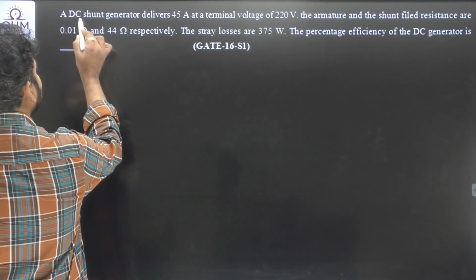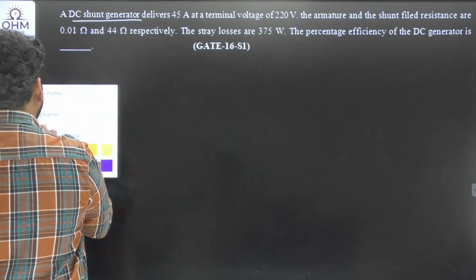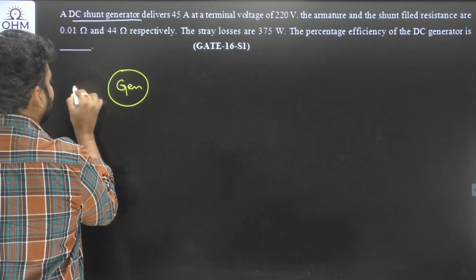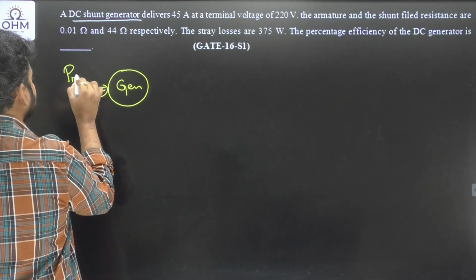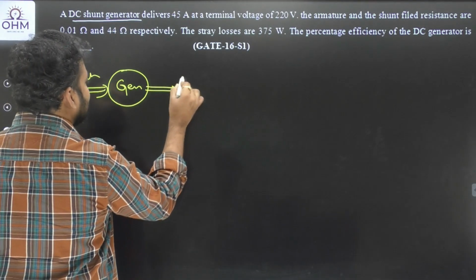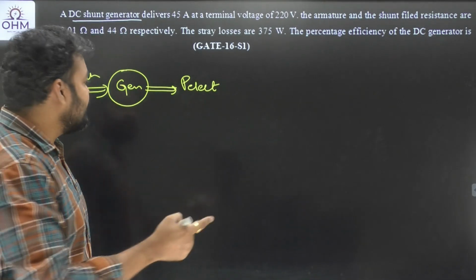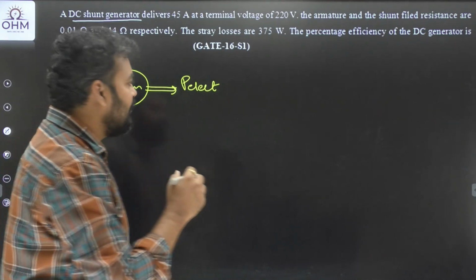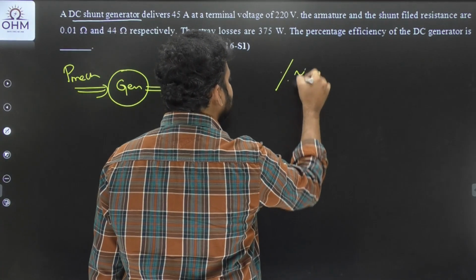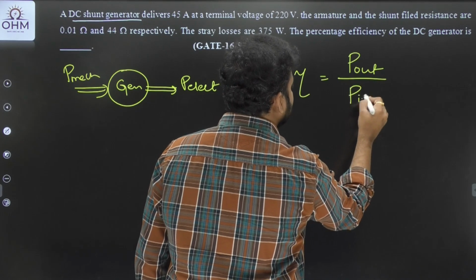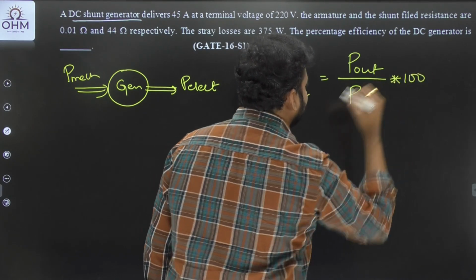So first point, it is a generator, guys. As it is a generator, we know for a generator, input power is mechanical power, output power is electrical power. Therefore, we will write efficiency equation in terms of electrical power. Okay, what is the formula for efficiency of any machine? Efficiency is always output power by input power multiplied with 100.